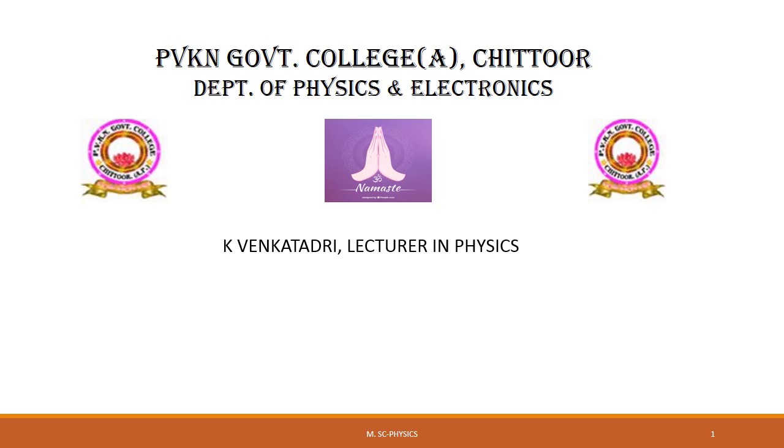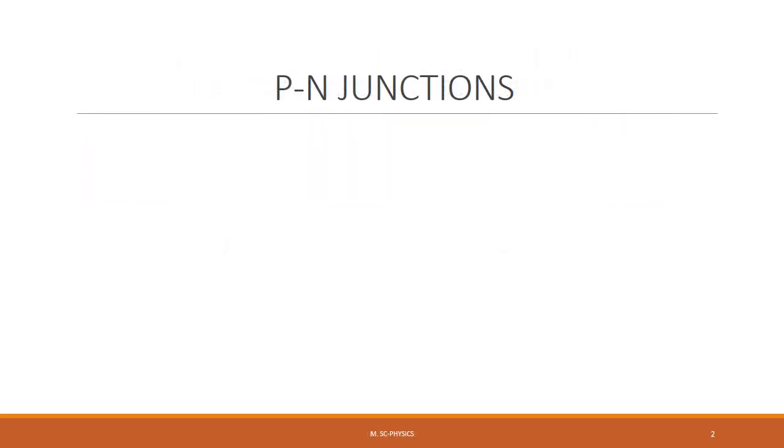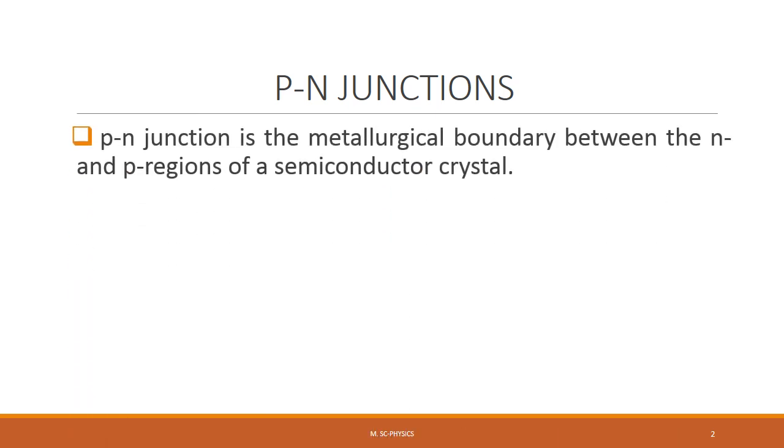Before we discuss the p-n junction. A p-n junction is the metallurgical boundary between the n and p regions of a semiconductor crystal.